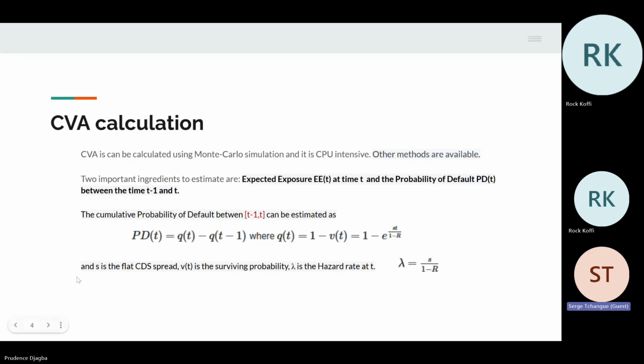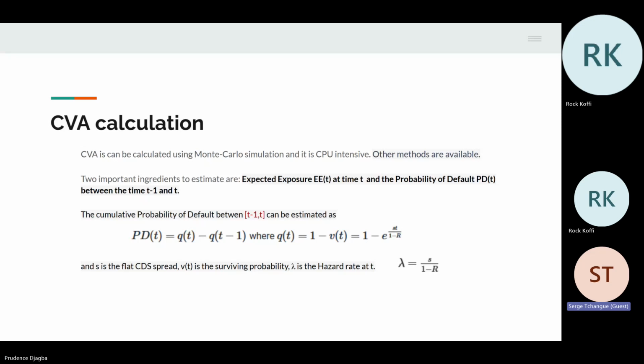Yeah, so in real life, you have different ways. Usually, around 50% of the counterparties will have a CDS curve. So those spreads, you just go on the market and you find them. They're called CDS spreads. They are instruments sold to protect yourself against a company default, and they basically give you the implied default probability.